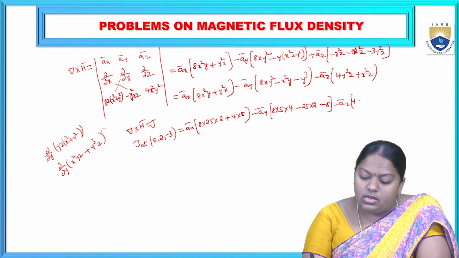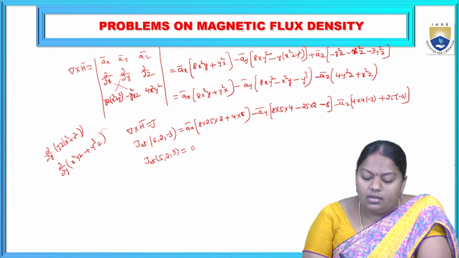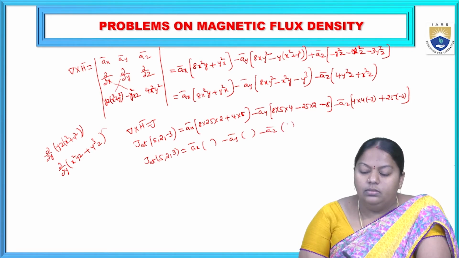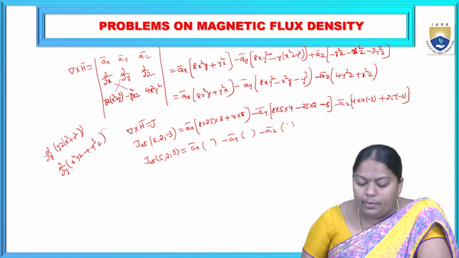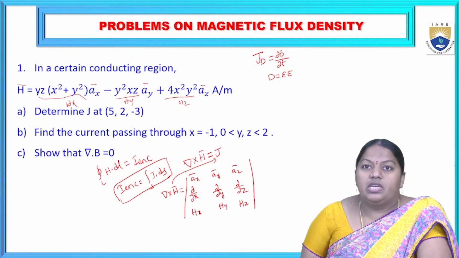So y² value is again 4 into z is -3, then plus x² value is 25 into -3. Okay, so upon simplifying all the equation at (5, 2, -3), we'll be getting ax bar into something, then minus ay bar into something, minus az bar into something values to be obtained. That value is determined as J.